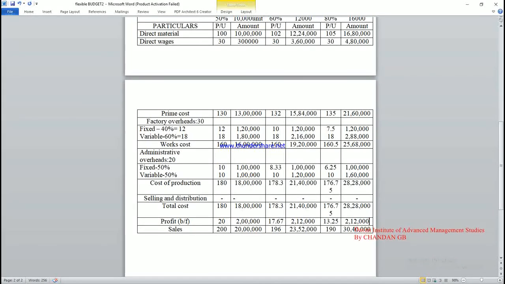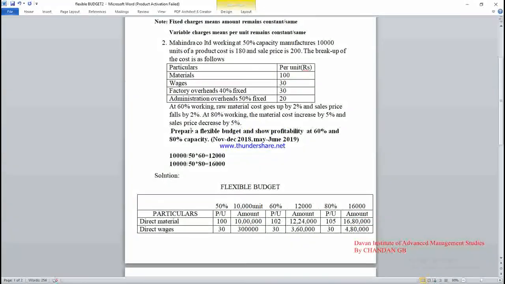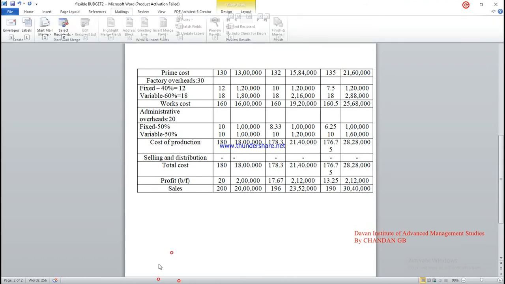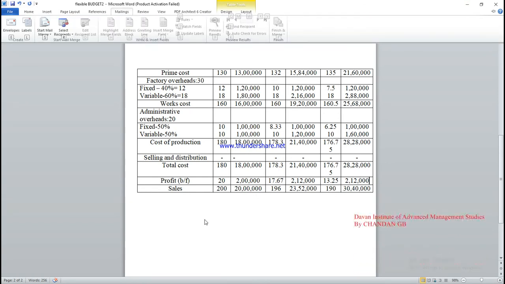Clear? In the question they have said, prepare flexible budget and show profitability at 60% and 80% capacity. See, the profit is 2 lakh rupees, 2 lakh 12,000 and 2 lakh 12,000. So to find out the profitability, first take down the formula.